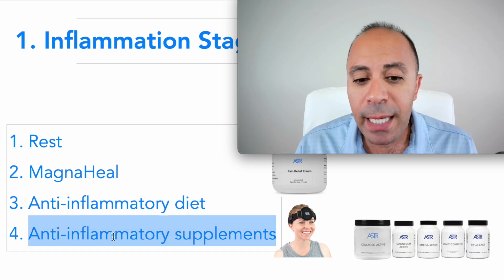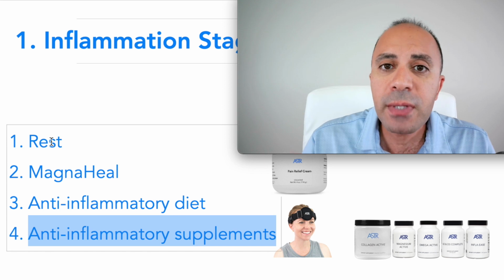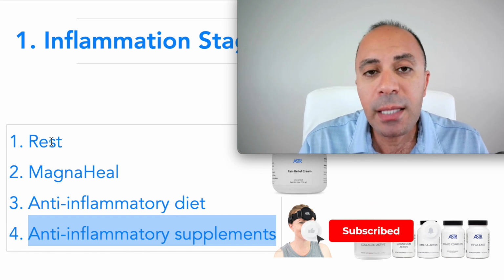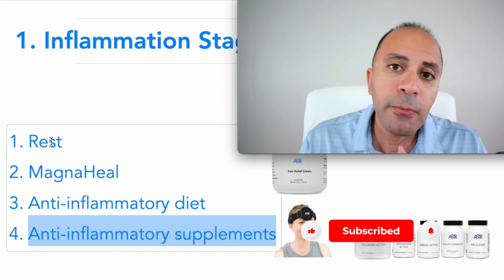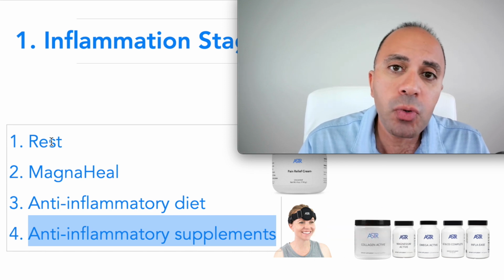For severe cases, and that's usually if your pain level from 0 out of 10 is 7 or above, that's a sign that there is a possibility of internal vitamin and mineral deficiency, and the body is not having enough fuel to heal.